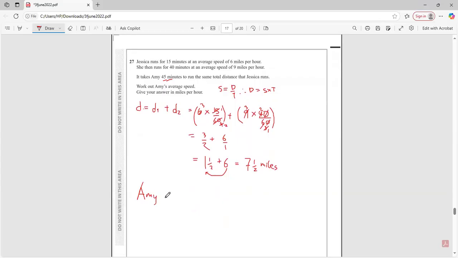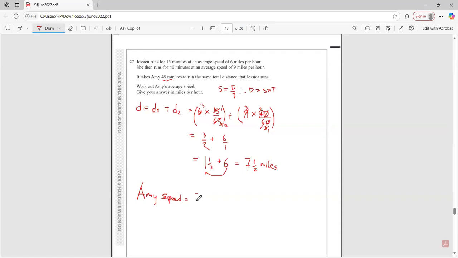So Army's average speed is going to be equal to, sorry, let me specify that speed we're looking for. And remember, average is just, I don't know whether to call it just a title, but it doesn't change what speed is. It's still distance over time.